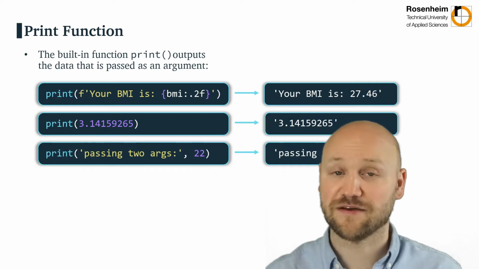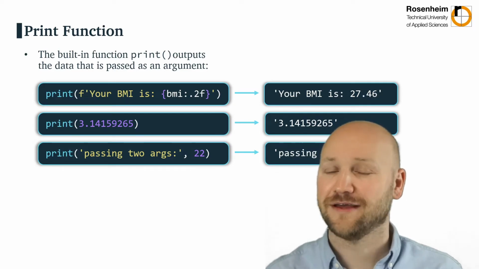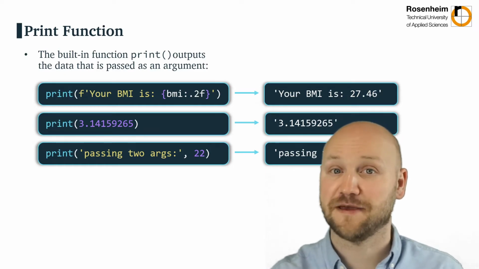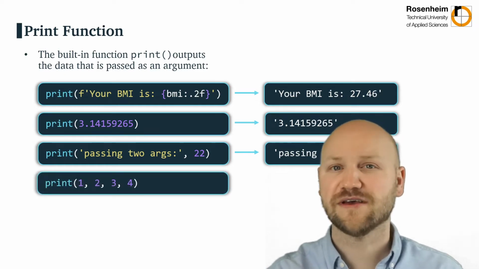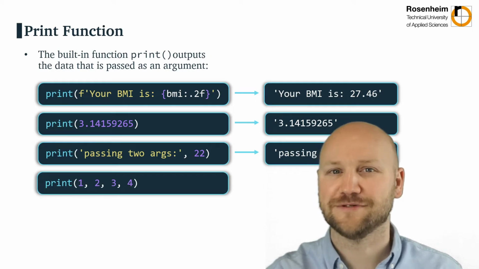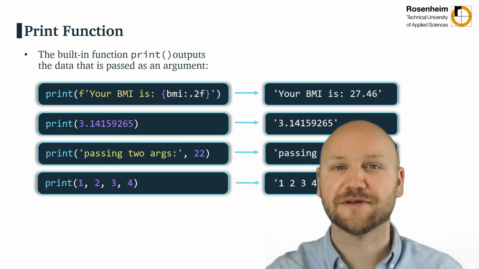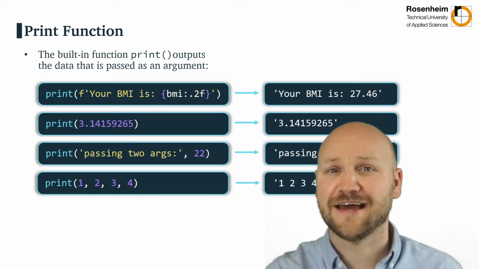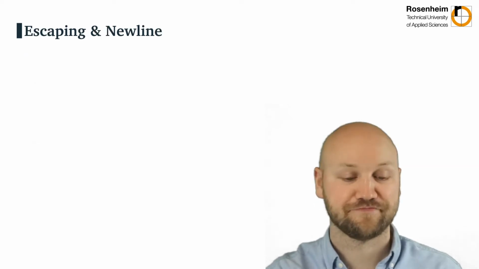In this case, we have an integer and a string mixed together. Again, both are converted to a string, concatenated, and there is a space in between. We can also have an arbitrary number of inputs. In this case, we have 4 arguments. They are, again, converted to a string, concatenated, and with a space in between.